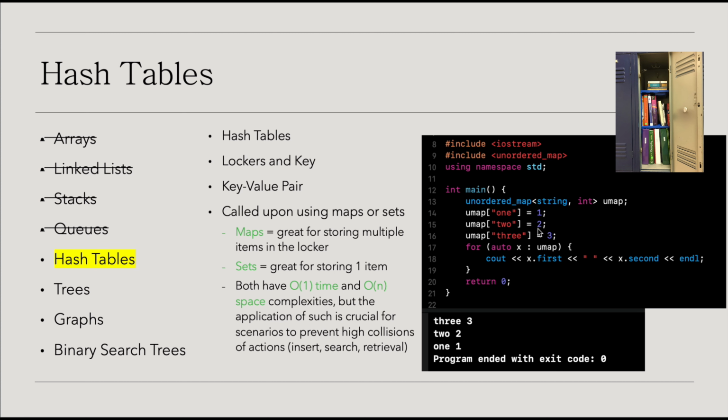So we have 1, 1, 2, 2, 3, 3, and we output the relationship of what we've stored all together. So we would have the string and the integer, string and integer, string and integer, depending on what has already been built and put inside of our hash table, also indicated as a locker in this metaphor.